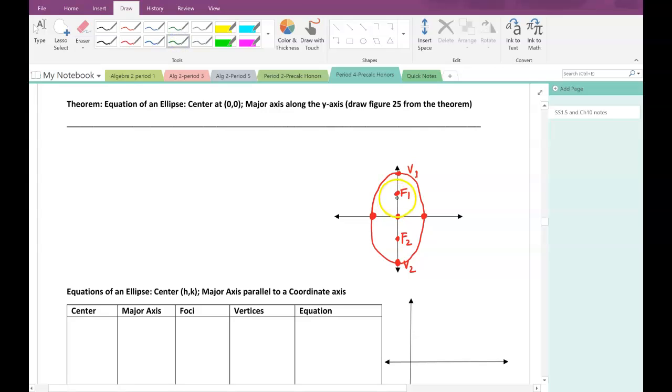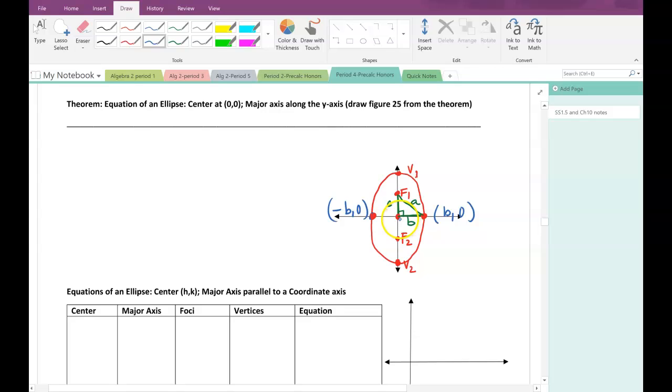Now from the center to the focus, it's always C. I don't care what you guys do, it's always C. Then center to the minor is always B, okay? So that leaves us, this last distance is going to be called A, always. No ifs, ands, or buts about it. Let's label some points. This point is going to be B, 0. This point over here is negative B, 0.